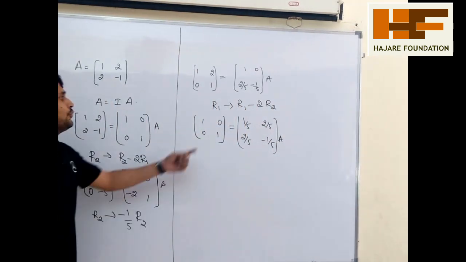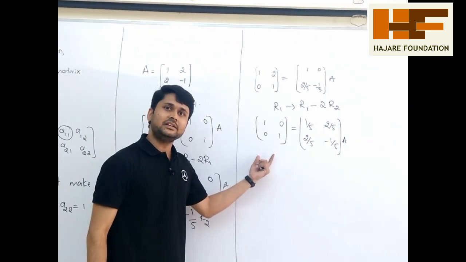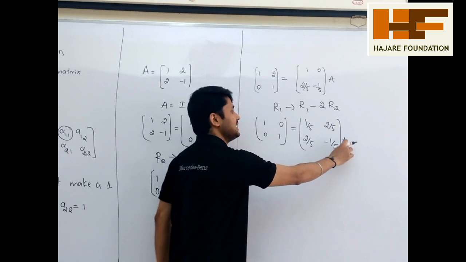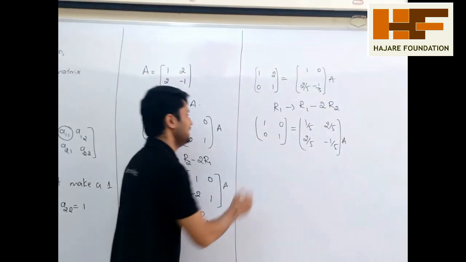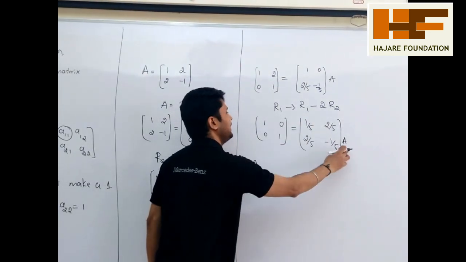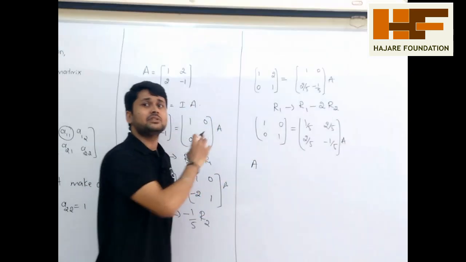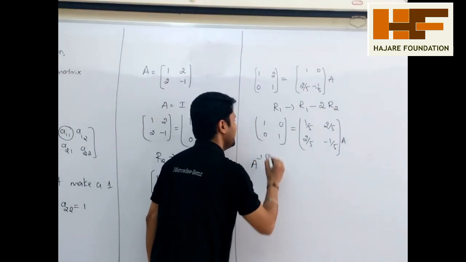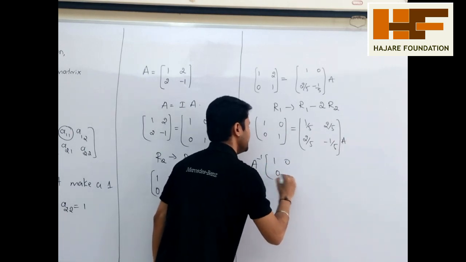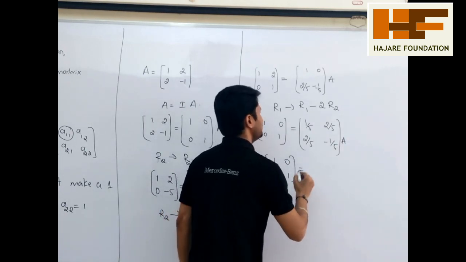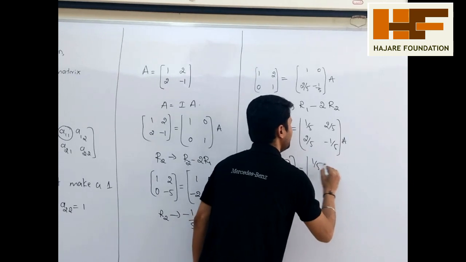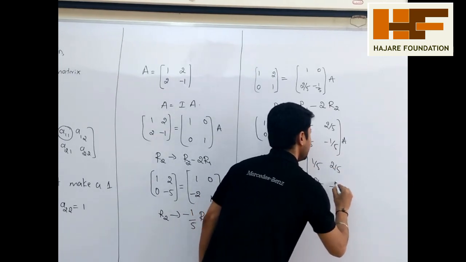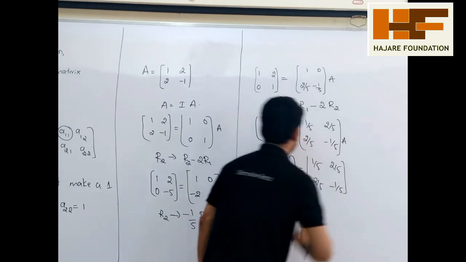We have to form an identity matrix on the LHS side. After that, we have to send this A to the LHS side. At that time, A becomes A inverse. A inverse into our 1 0 0 1 matrix is equal to 1 by 5, 2 by 5, 2 by 5, minus 1 by 5.